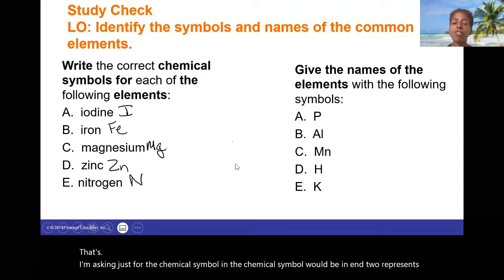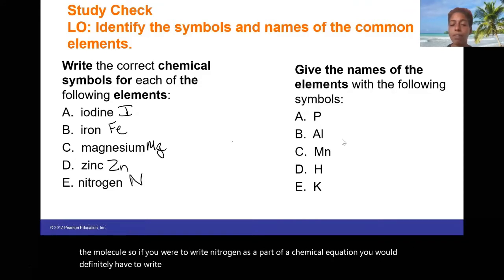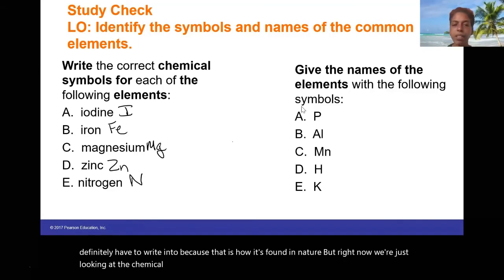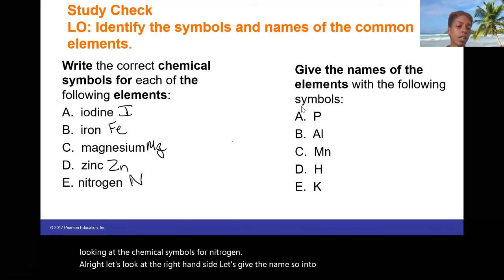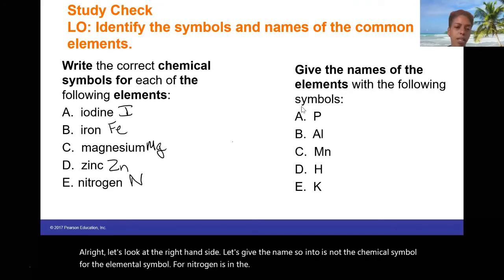So if you were to write nitrogen as a part of a chemical equation, you would definitely have to write N2 because that is how it's found in nature. But right now we're just looking at the chemical symbols for nitrogen. All right, let's look at the right-hand side. Let's give the name. N2 is not the elemental symbol for nitrogen; the elemental symbol for nitrogen is N. That's what we were writing here.